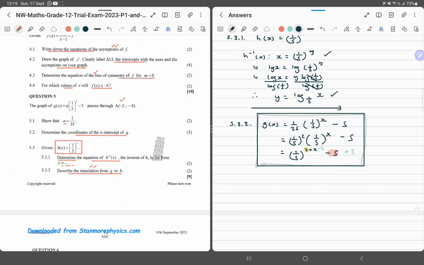Then you compare these two and see that for h of x to be like that, we shifted this graph to the right. When you subtract 2 from x, you're shifting to the right by 2 units. And when you add to the y values, you are moving it up by 5 units.